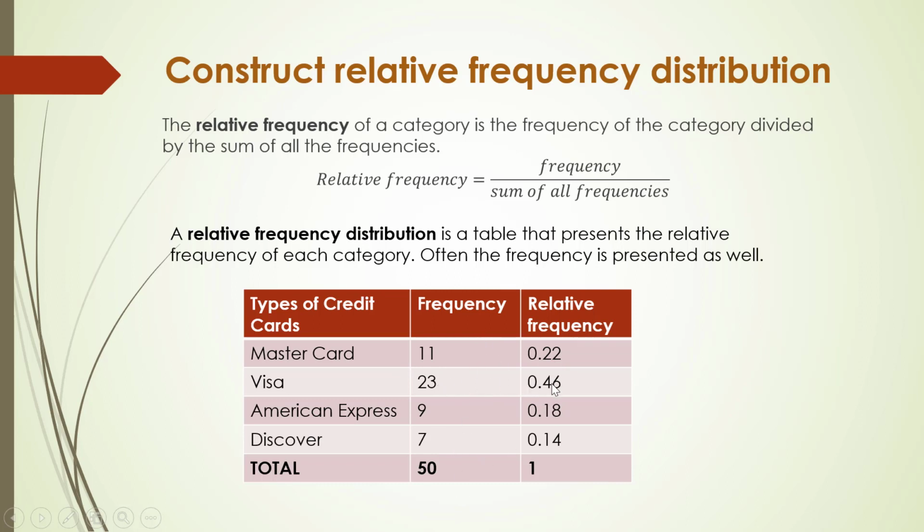So 0.46 is 23 divided by 50. 0.18 is 9 divided by 50. 0.14 is 7 divided by 50. And the total of the relative frequencies is 1. So this frequency and relative frequency table tells us the percentage of each category in the data set.